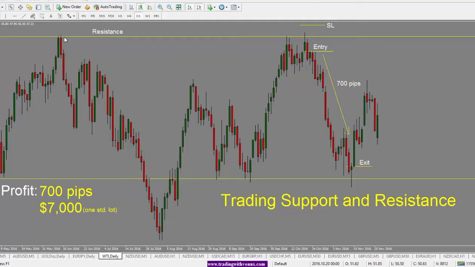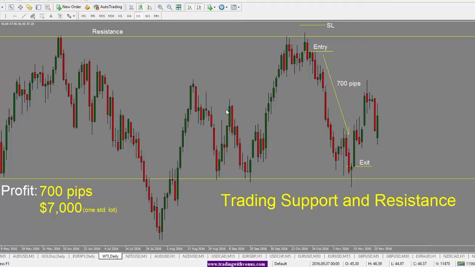Another way you can tell whether a support and resistance area is important is by looking at how far the price bounced the first time it got there. In this case, price moved off that level and bounced down quite a bit. This was a big move down in the price of oil, and now when the price comes into this level again, we are expecting a bounce again.